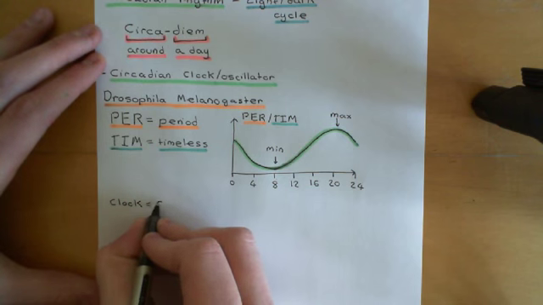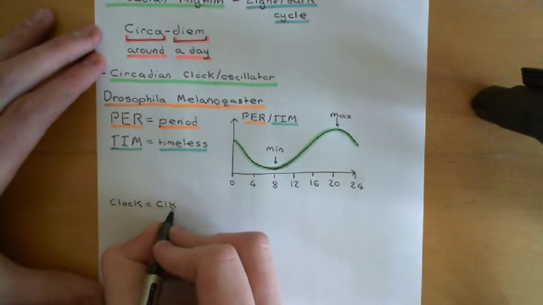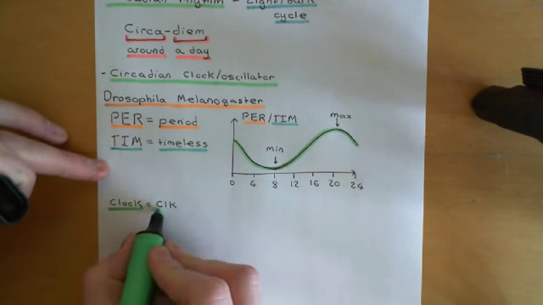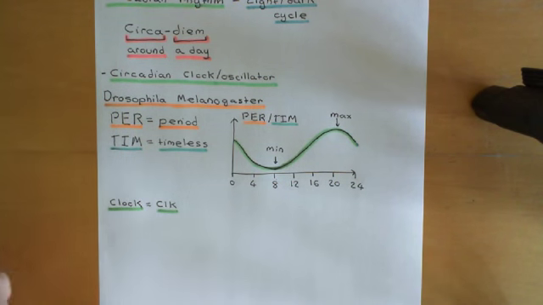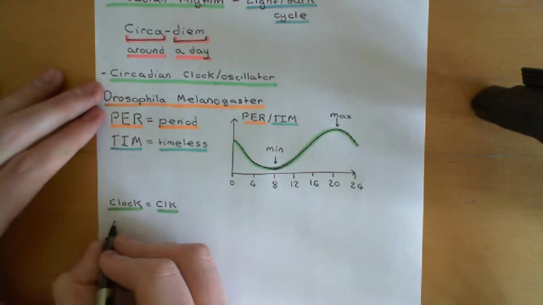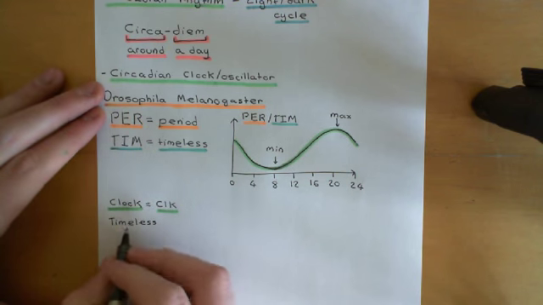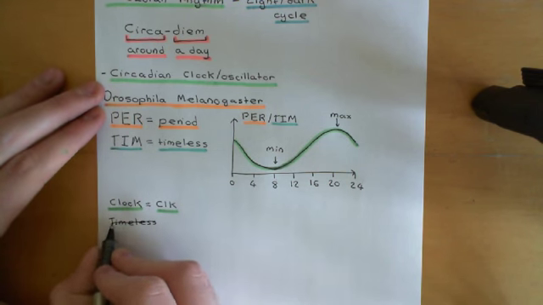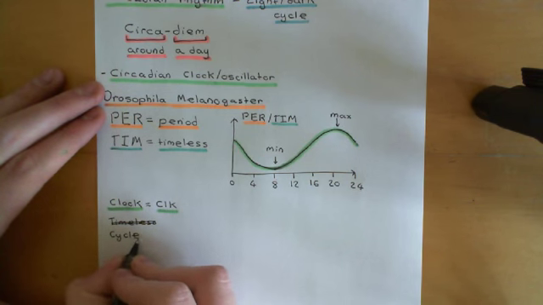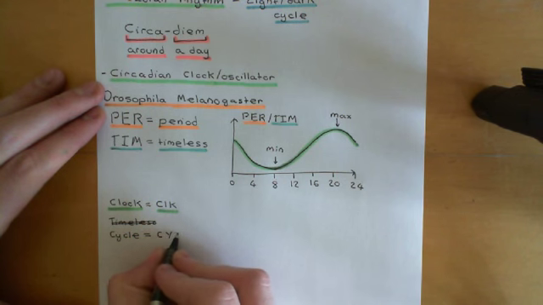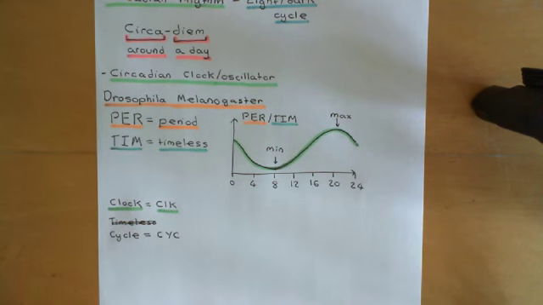One is called clock, which we'll be abbreviating to CLK, and we'll be colouring clock in green throughout this video. The other is called cycle. So there are these two transcription factors, clock and cycle, and we'll be abbreviating cycle down to CYC.